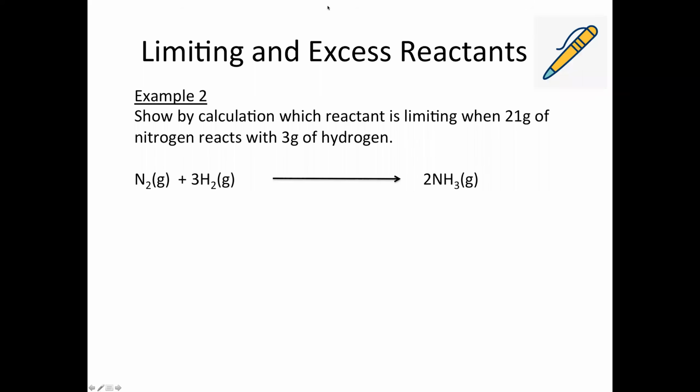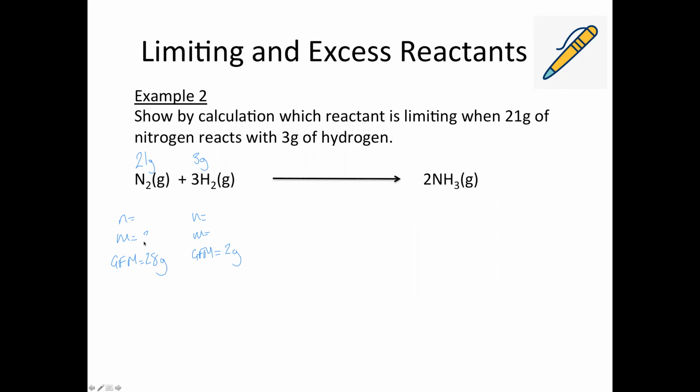So same process again. Show by calculation which reactant is limiting when 21 grams of nitrogen reacts with 3 grams of hydrogen. So again, both solid masses, so n = m/gfm. The gram formula mass of hydrogen is 2 grams, nitrogen is 28, because that's 2 times 14.